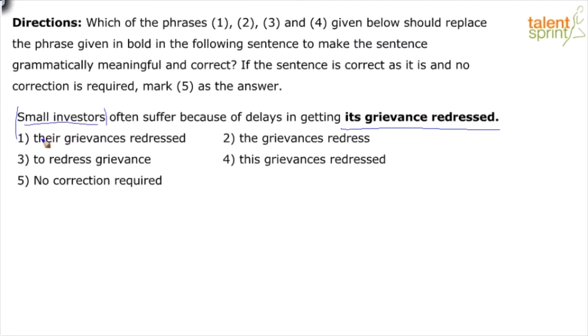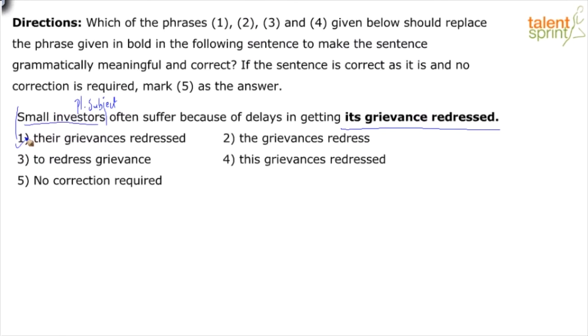We are talking about not 1 or 2, it's a plural subject, and this is our noun. So when I have another pronoun in the context, it has to relate to the plural subject and be the right pronoun substituting this noun. The right pronoun is not "its" but "their", and that is available only in option 1. So this is an easy one.